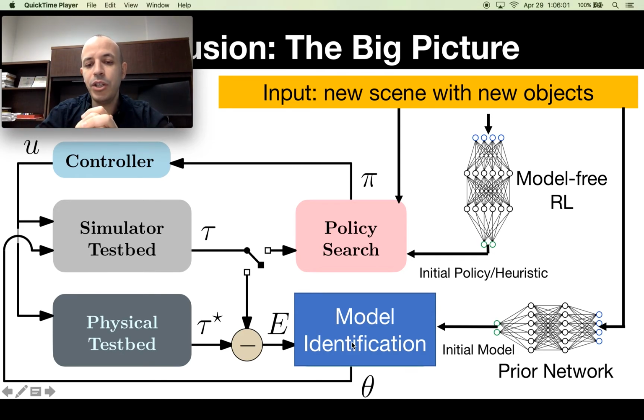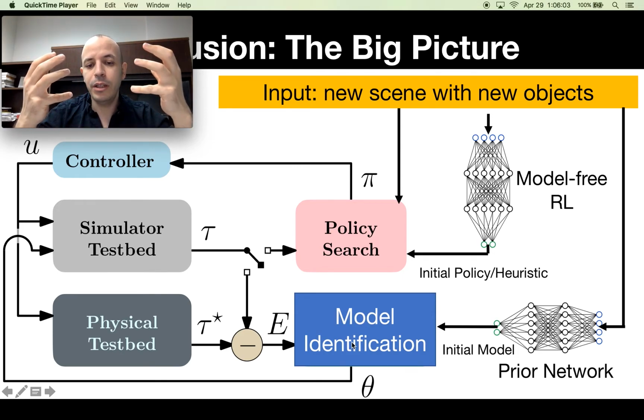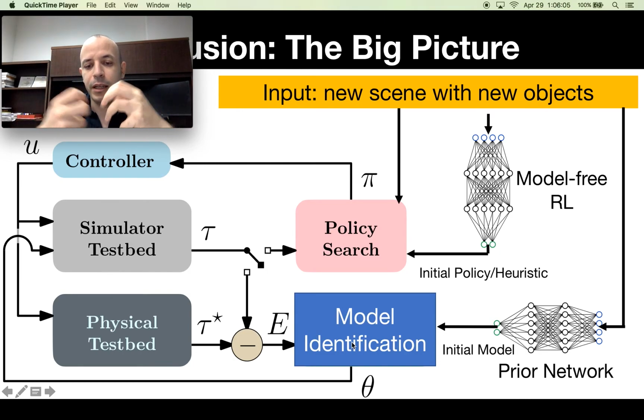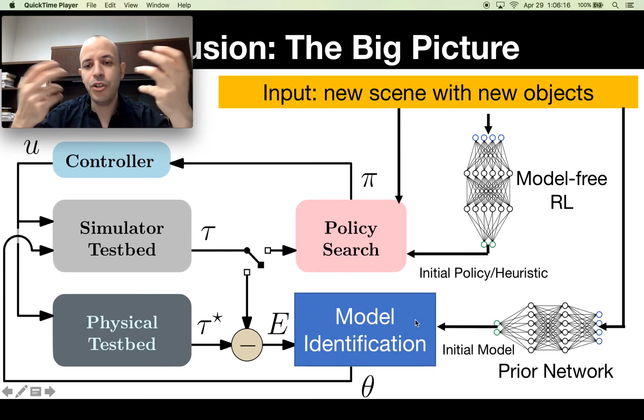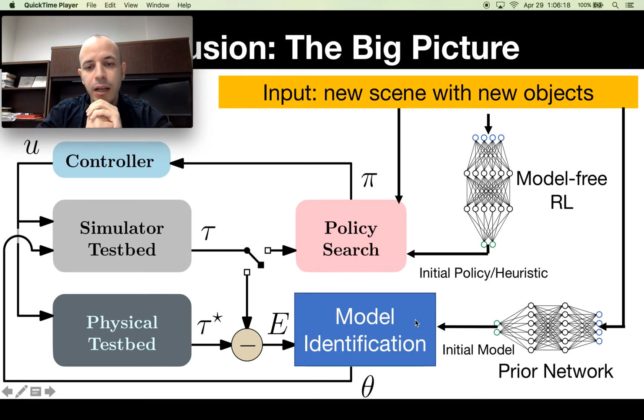So model identification is more grounded in the instance that I'm dealing with, as opposed to these prior networks that are trained offline with a lot of objects and are very generic. So I think this could be a nice combination of all the different tools in planning, policy search, simulation, model identification, and using deep RL for giving initial models or initial policies for robotic manipulation.